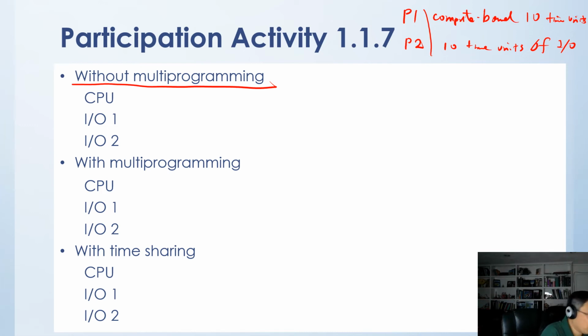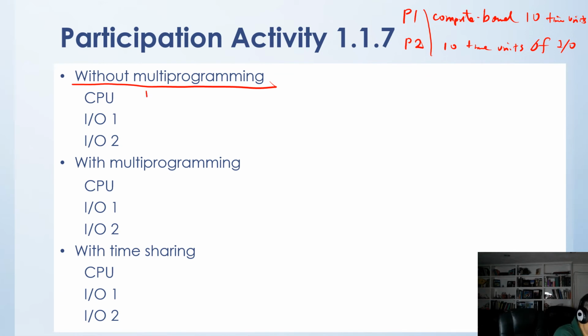Actually, it doesn't matter whether P1 or P2 runs first, because all we care about is calculating the total execution time for both processes. We just want to make sure both processes complete the job, and then we check how much total operation time the computer system uses. So let's start with P1.